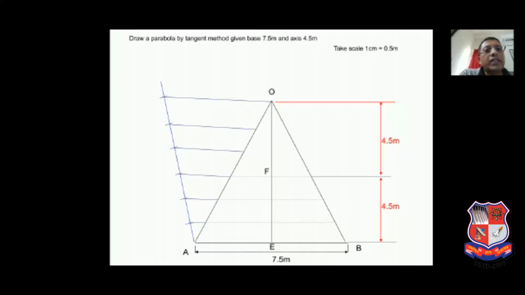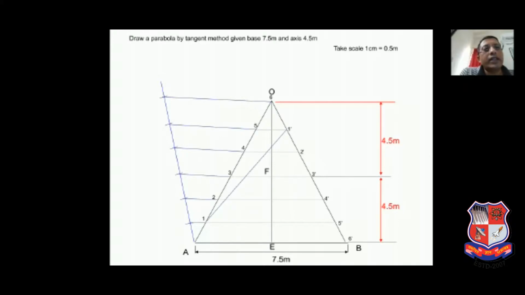So from each part we draw a straight horizontal line to the OB line. Likewise, this is point 1, 2, 3, 4, 5 and 6. On OB side, we mention it as 1 dash, 2 dash, 3 dash, 4 dash, 5 dash and 6 dash.